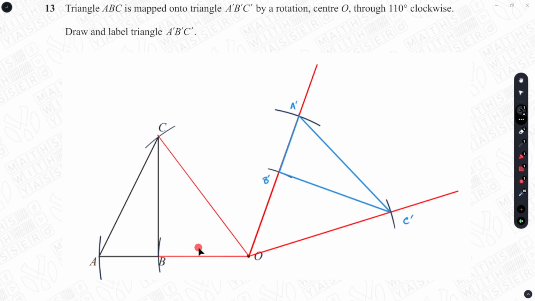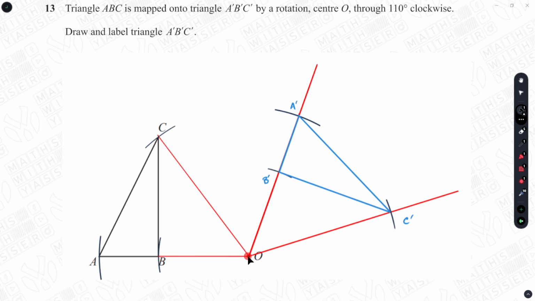Then we simply took the measurement of this point from center O and we drew an arc over here, and again keeping the length constant we drew an arc along this line over here.